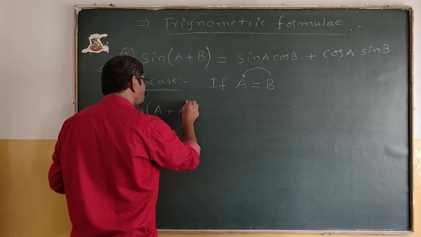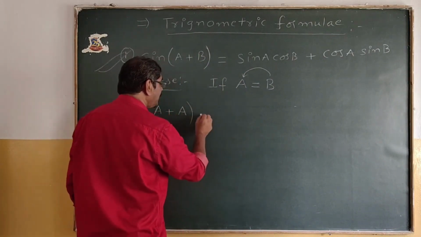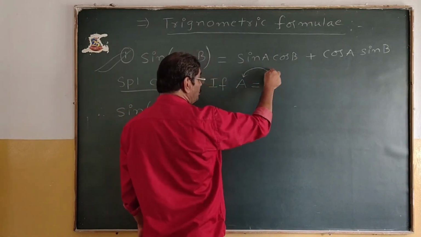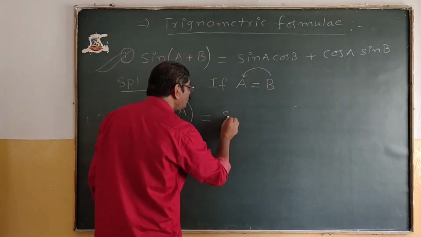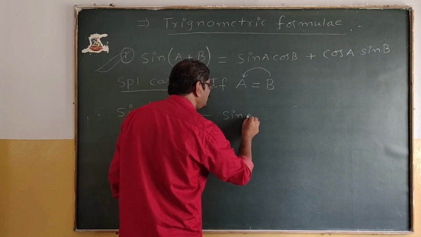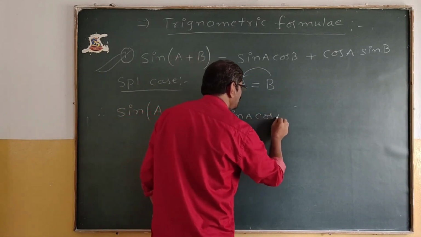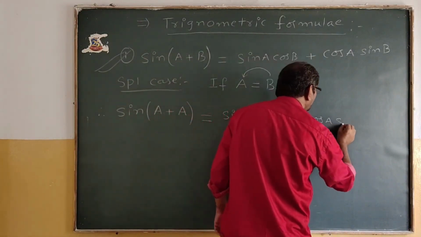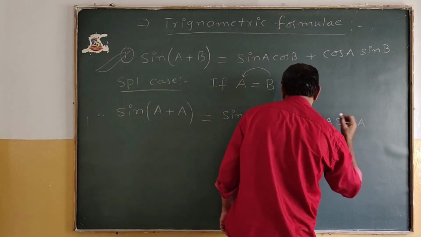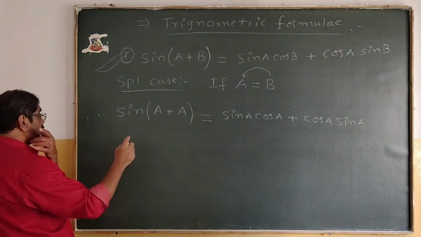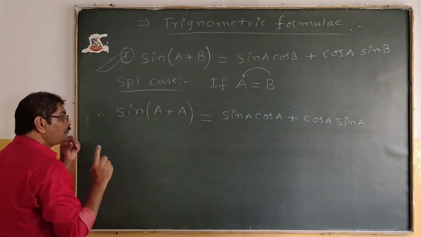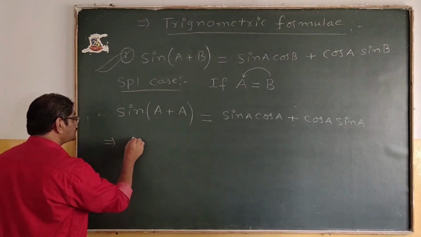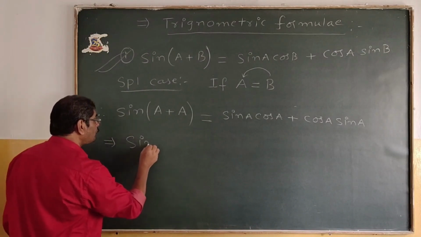So sin of A plus A will be numerically equal to, wherever you got B, B replaced by A: sin A cos A plus cos A sin A. Now A plus A will become 2A, and that's the reason why we are getting another formula.